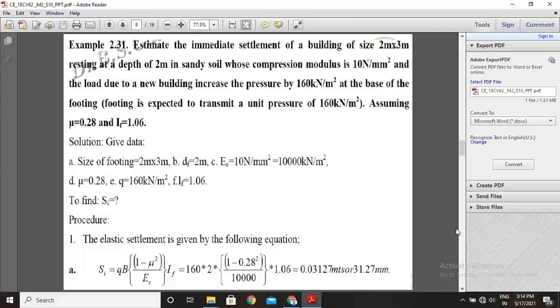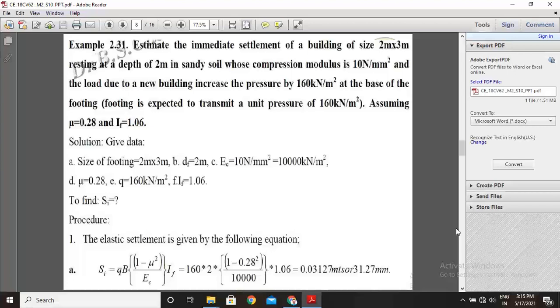Footing is expected to transmit a unit pressure of 160 kilonewton per meter square. Assuming mu equal to 0.28 and IF equal to 1.06. So this is a similar earlier problem, but slight data are changed. Follow the same steps. Solution.